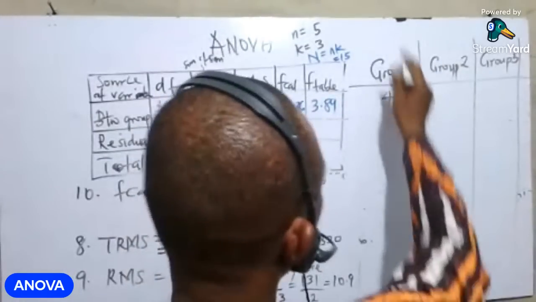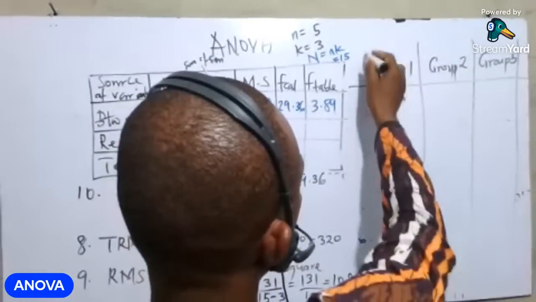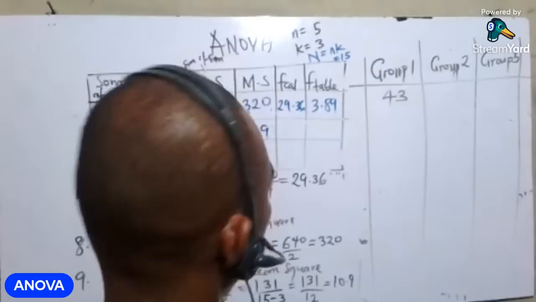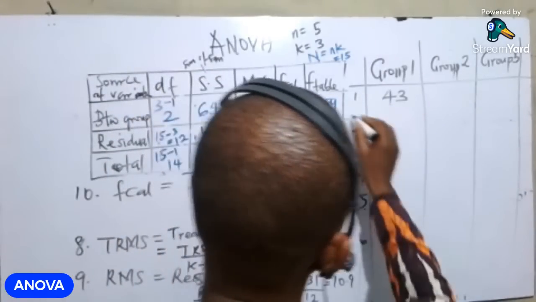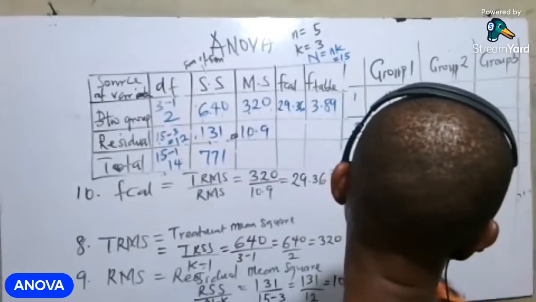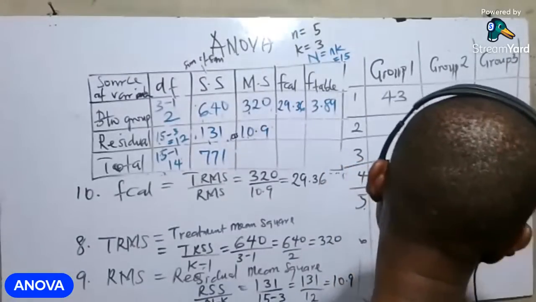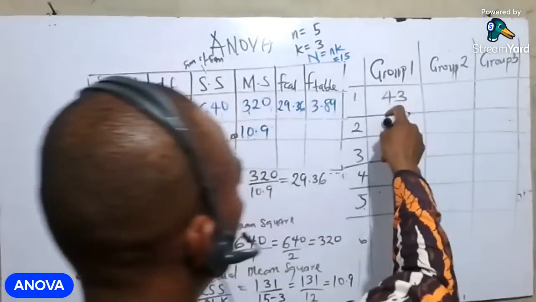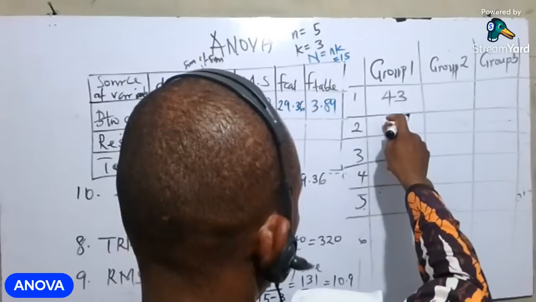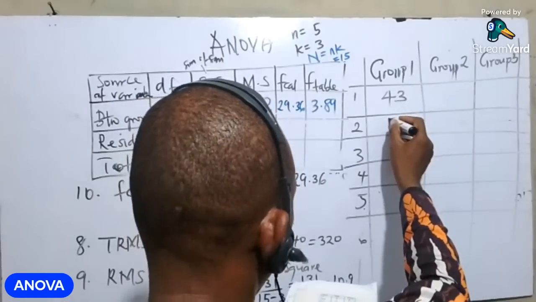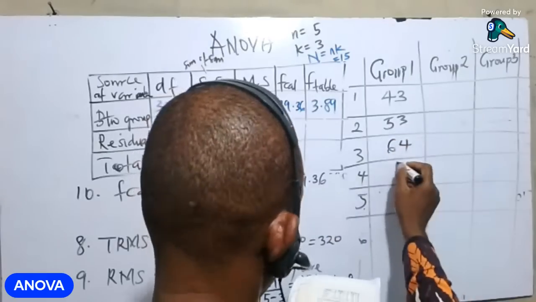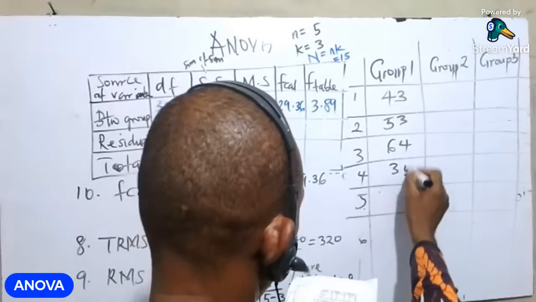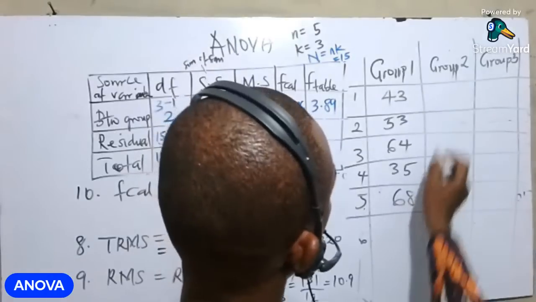He is observing 5 students: 1, 2, 3, 4, 5, and they use 3 different methods. For the first method, the students got 43, 53, 64, 35, and 68.